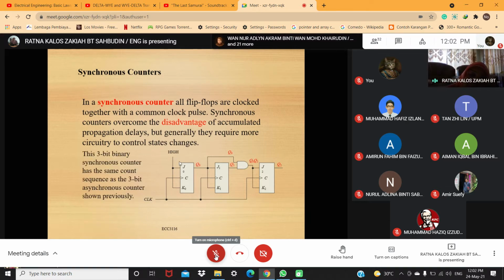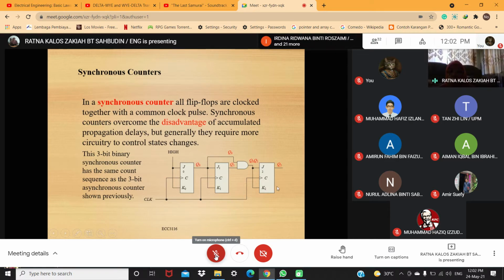Okay, so this 3-bit binary counter has the same count sequence as the 3-bit asynchronous counter shown previously. So now you have here Q1, Q0 and Q1 connected to an AND gate, and then this is connected to the JK flip-flop here.